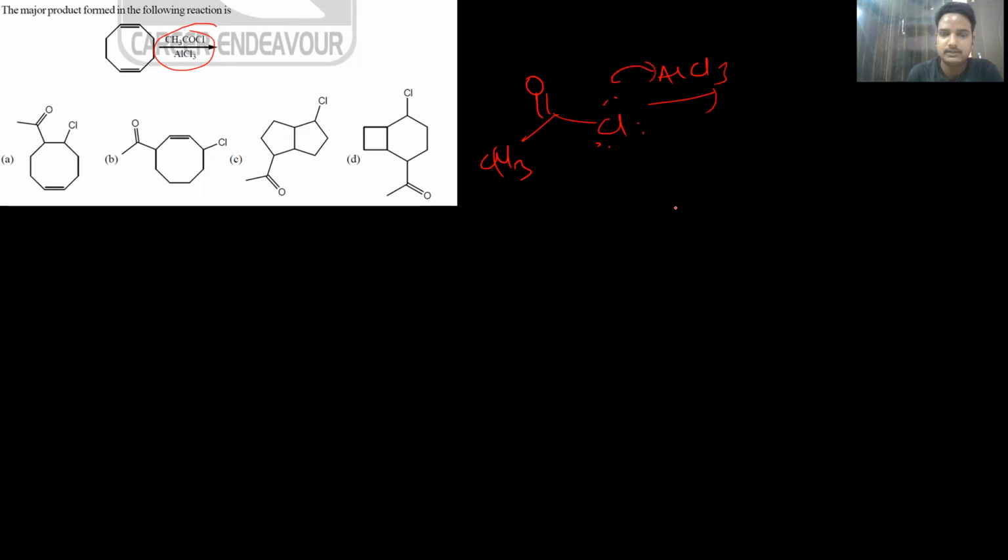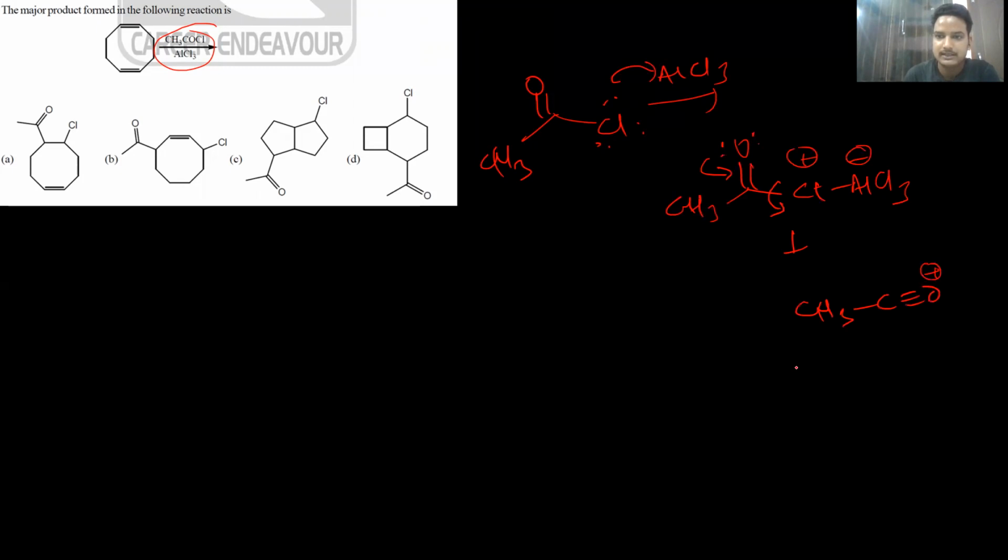This is treated with this thing, so CH3 double bond AlCl3. So this makes negative, this can be positive. Now this has the lone pair of electrons. This can come back and come back. So we end up with an acylium ion.